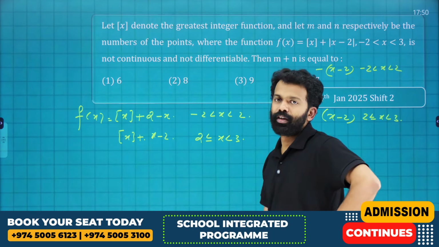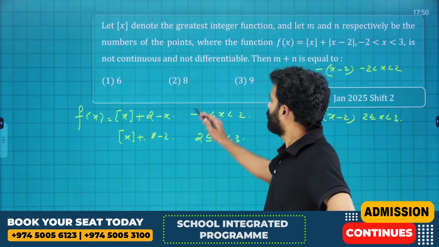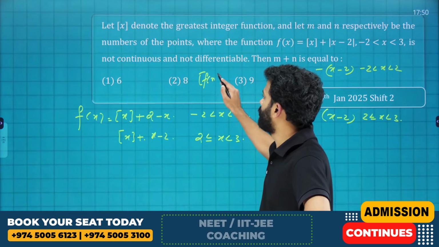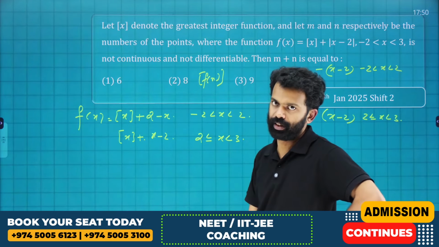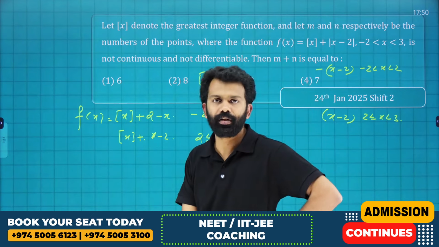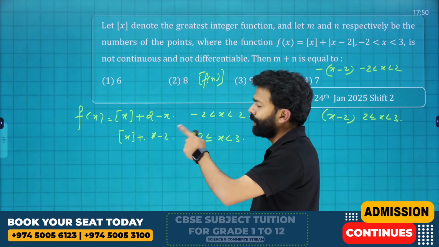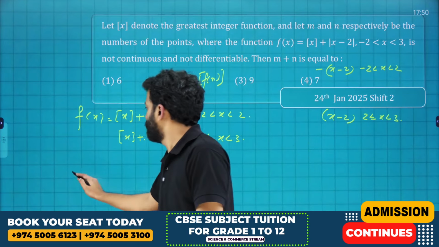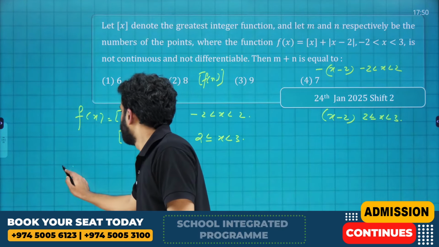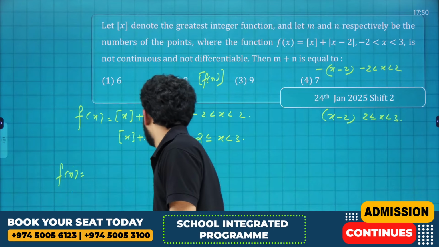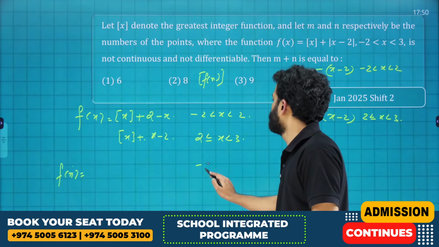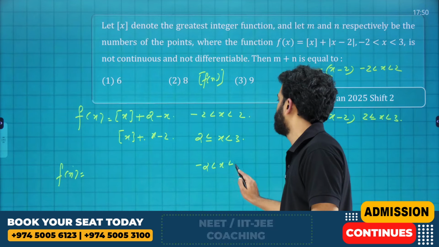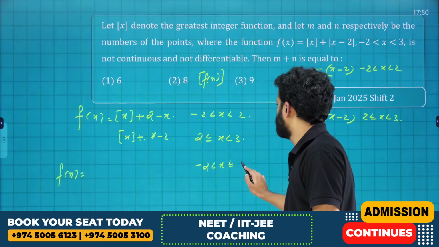See, we know that box f of x will be discontinuous where f of x is an integer. Okay, so inside here x is there, so we need to break it accordingly, with respect to integers. That is, we can rewrite it like f of x is equal to, for minus 2 less than x less than minus 1.